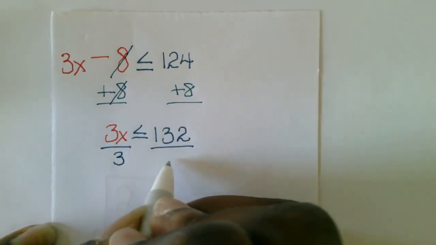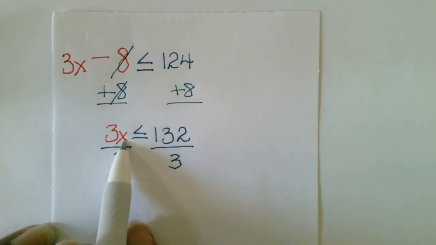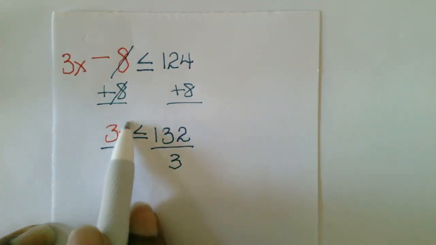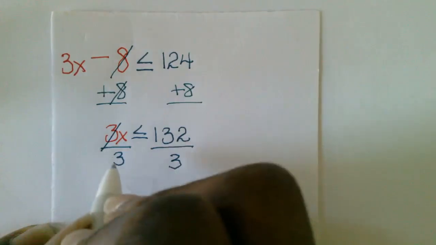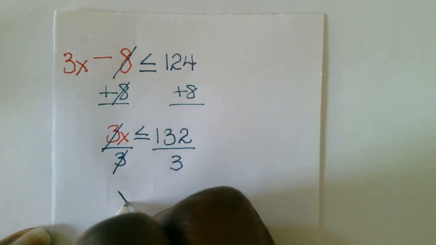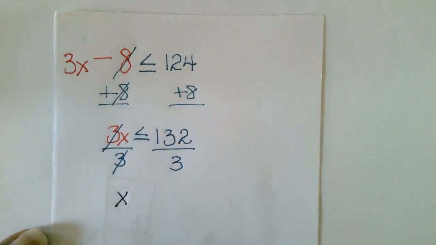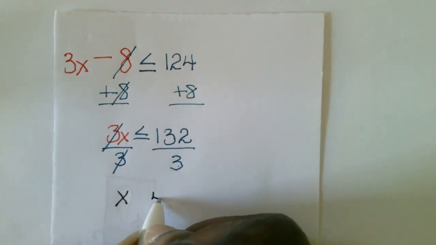And the reason why we're dividing by 3, because 3 times x, that's multiplication. The inverse of multiplication is division. Remember what the goal is. We're trying to get x by itself. Alright, so now, how many 3's can go into 13? 4.